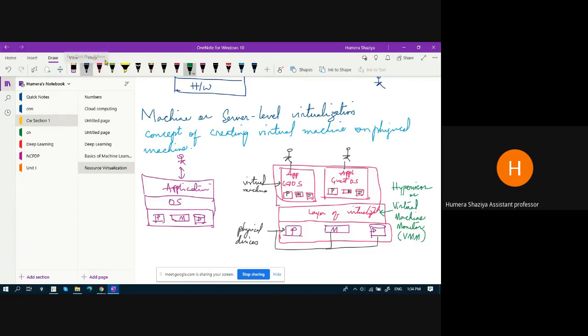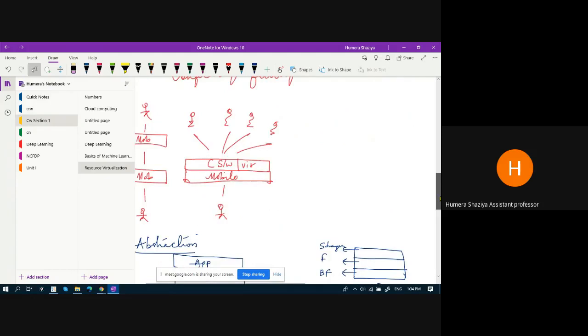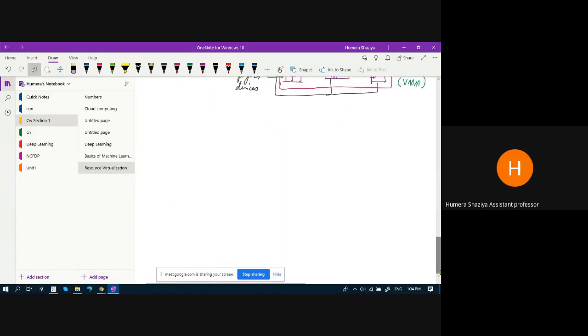And then, what are the techniques for machine virtualization? Next we'll look at machine virtualization techniques.